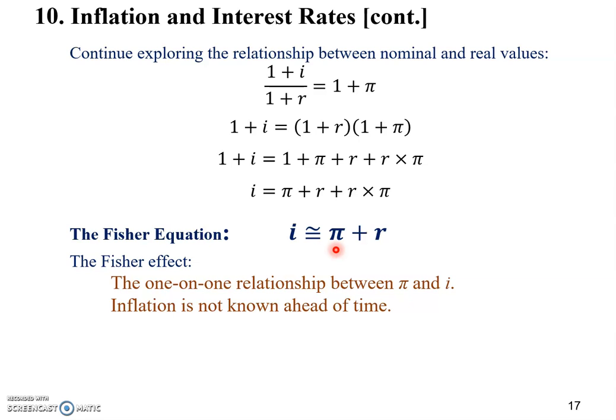And of course, you have to guess. You have to have an expected inflation. So that's why sometimes when you see this equation, we put pi with a superscript lowercase e, which stands for expectation. So what really matters here is expected inflation.